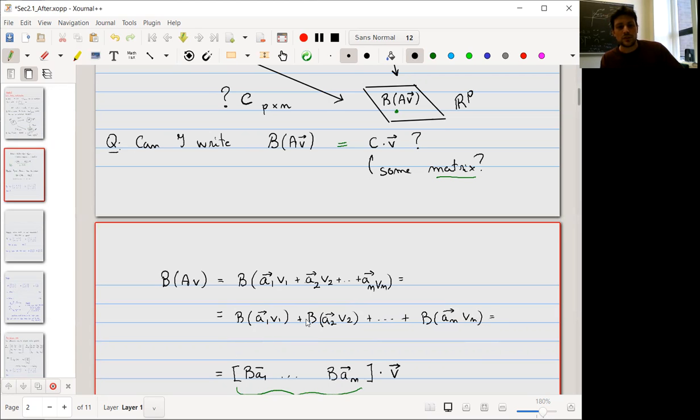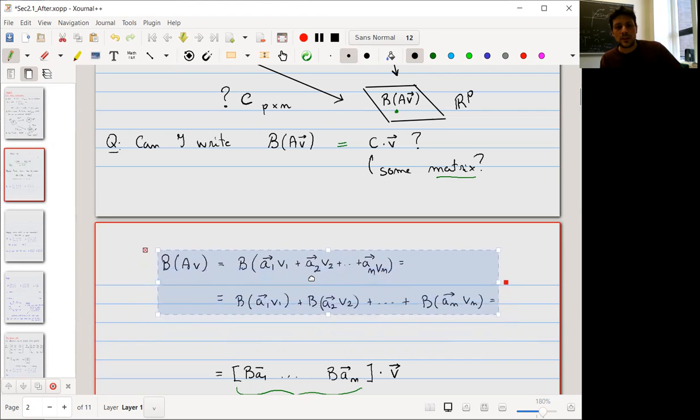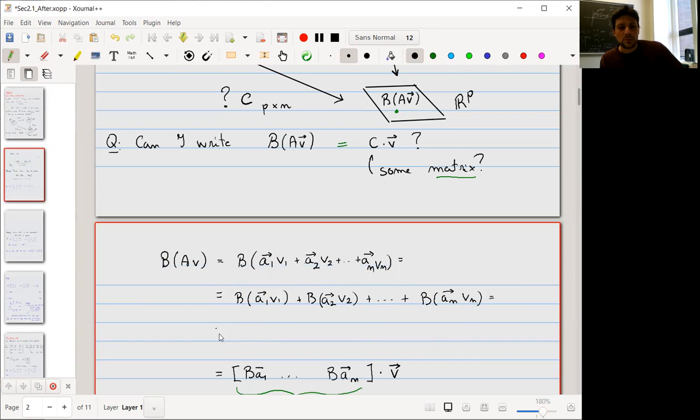The next step is to remember that multiplying a matrix by a vector times a scalar is the same as factoring out the scalar. So I will do that.